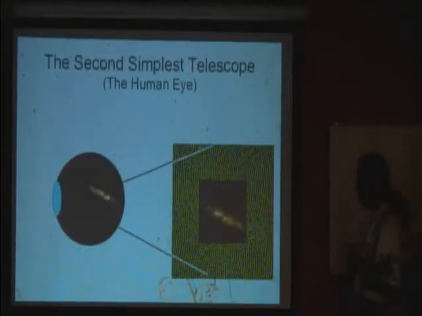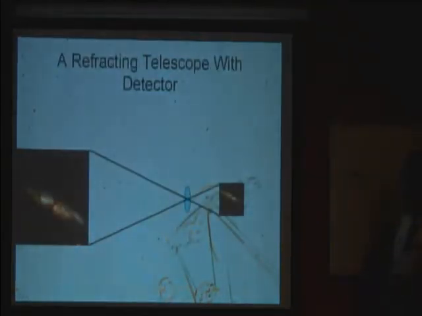All right. So at each point in the image, we measure how bright the light is, in this real image that's projected onto a whole bunch of detectors. Okay? All right. So a refracting telescope, we can do the same thing.